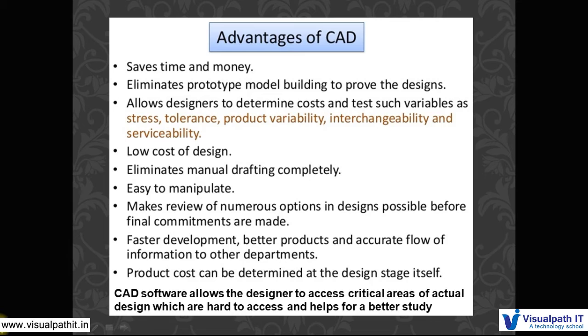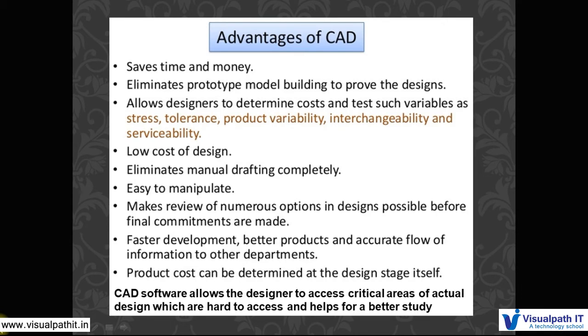But if you use CAD, you can get the desired proper design in the design stage itself, so that you can have a better idea before going to the manufacturing. It eliminates prototype model building to prove the designs. Because if you want to create one model, you just create one model and you try to improve that design.